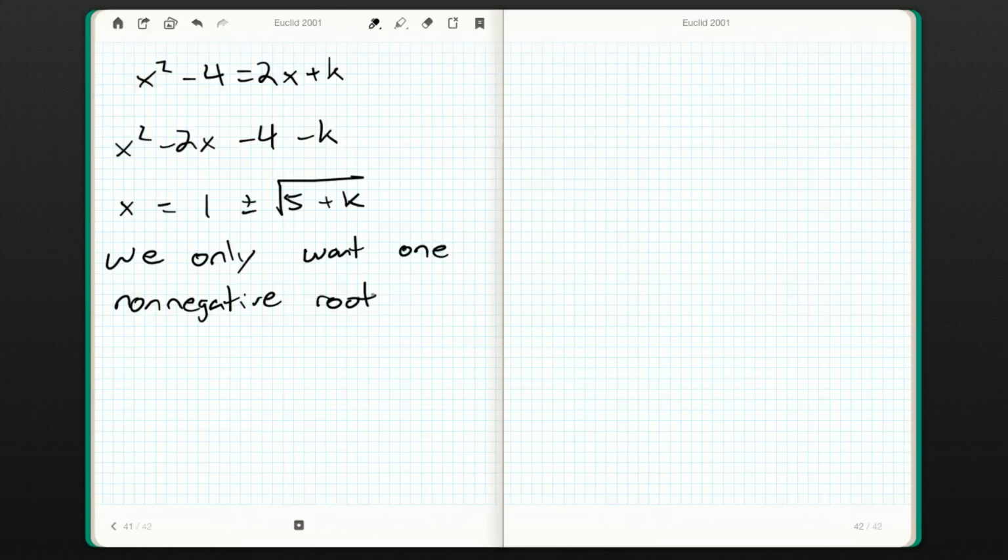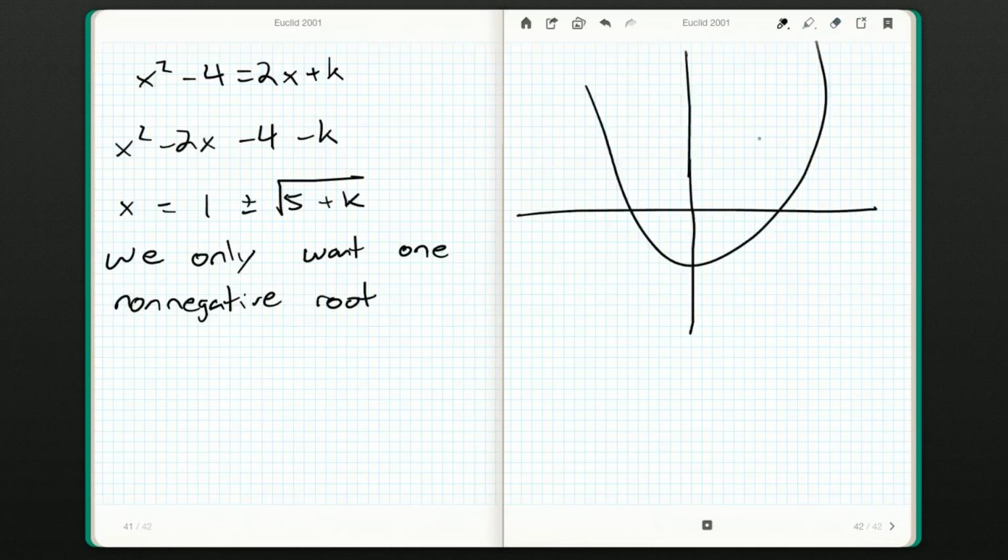Okay, and this is where things get tricky because, and we'll just sketch it over here. Right now I'm asking about this parabola and sort of this line. I want this intersection. This intersection I don't care about. It might occur, but it's on the negative side. And our real function actually goes up like this on the left-hand side, giving us the other intersection.